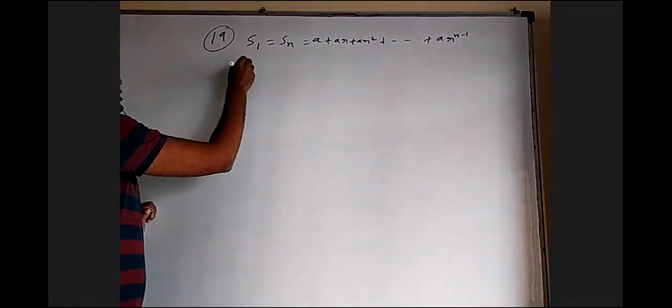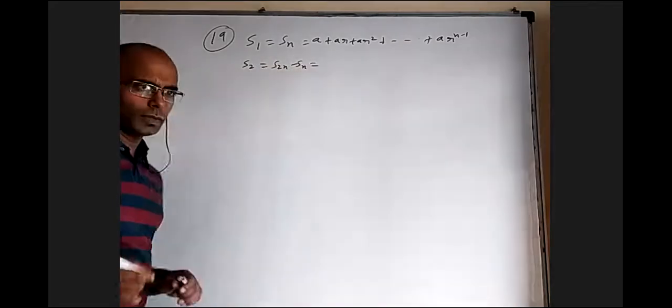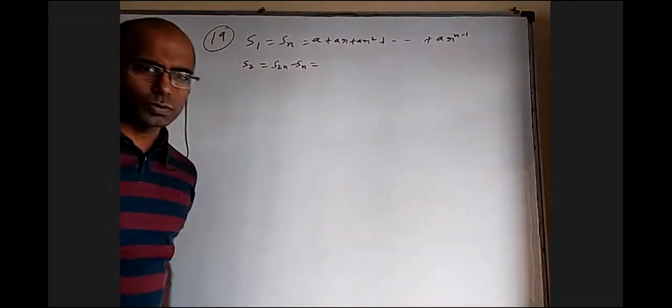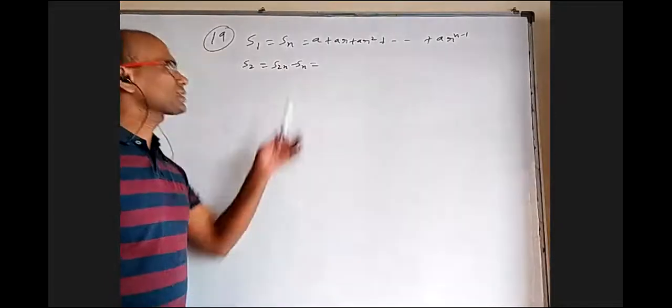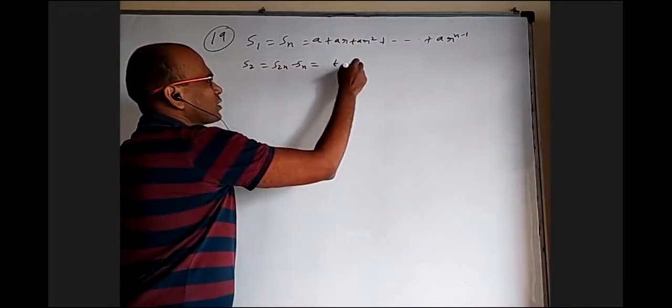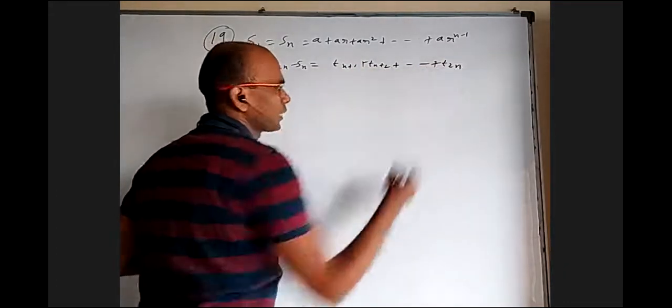Then S2 refers to S2n minus Sn. I can find Sn and S2n and subtract, but I don't want to do that. What is the sum of 2n terms minus the sum of n terms? It means the n plus 1th term, n plus 2th term, up to the 2nth term. Am I right?